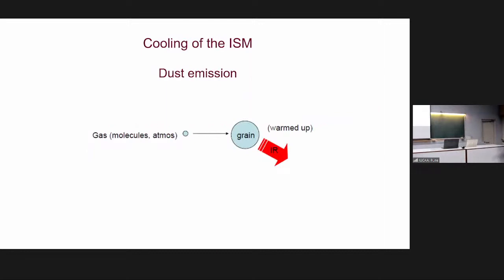Dust emission. When a dust particle gets heated up, it will emit in the IR, far IR kind of thing, because the temperature of the dust particle is say 100 Kelvin, 200 Kelvin, or something like that. It will be similar to black body radiation.